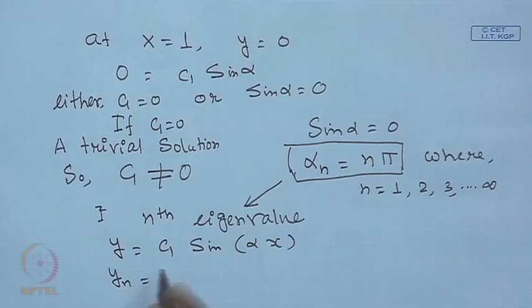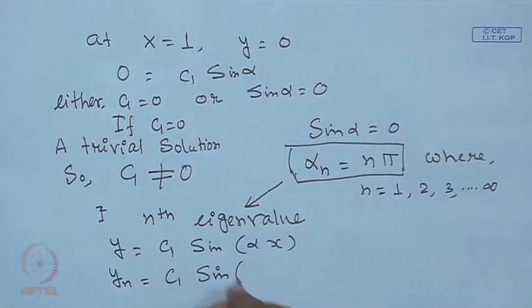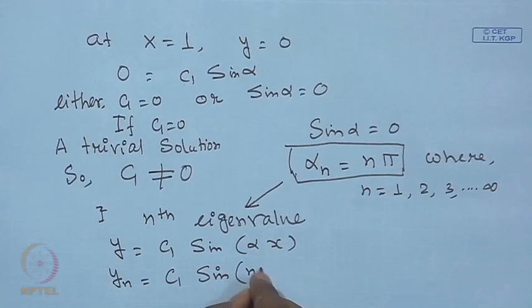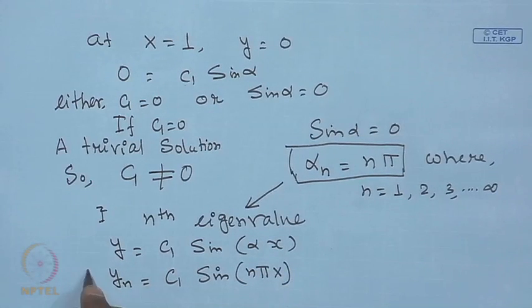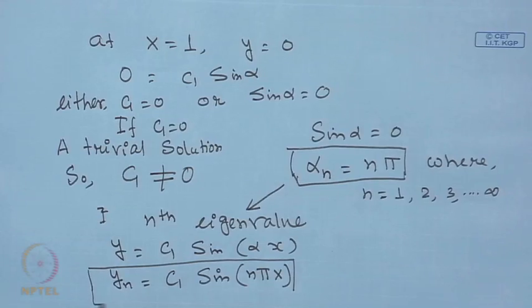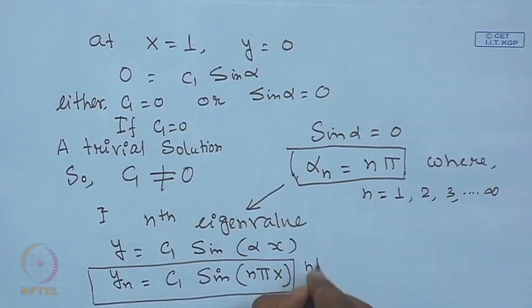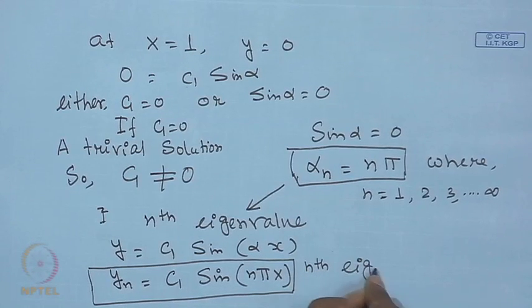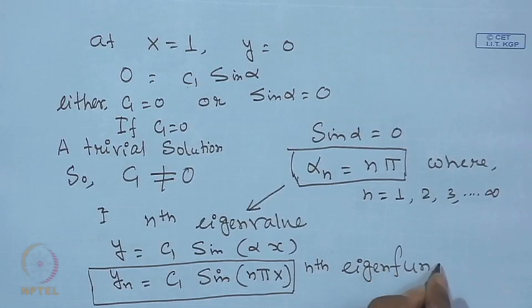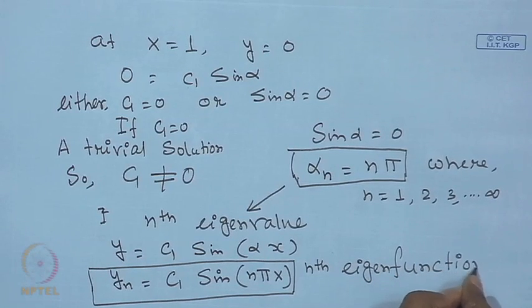We denote it as y subscript n. So, this becomes c 1 sin alpha n x, and alpha n is n pi, so it becomes sin n pi x. So, this is the nth eigenfunction. The corresponding eigenfunction is sin n pi x, and the corresponding eigenvalue is n pi.